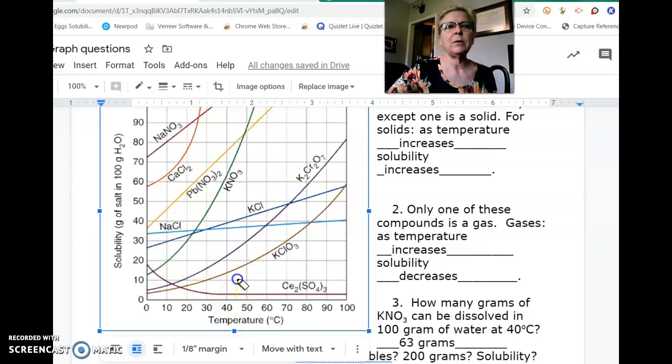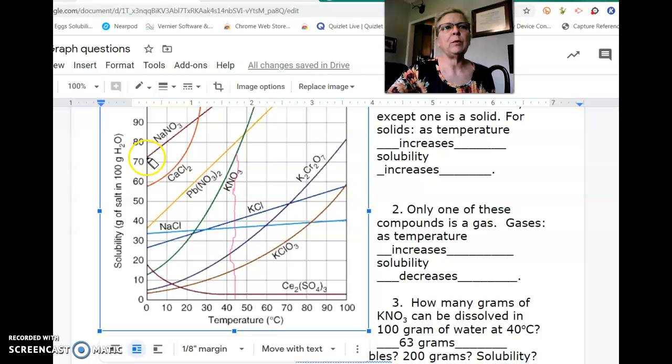I'm going to bring my highlighter, and you can't see that, so we're going to try a different color. I'm going to bring my highlighter all the way up at 45, and I know I'm not drawing a straight line, so 45 is somewhere right in there.